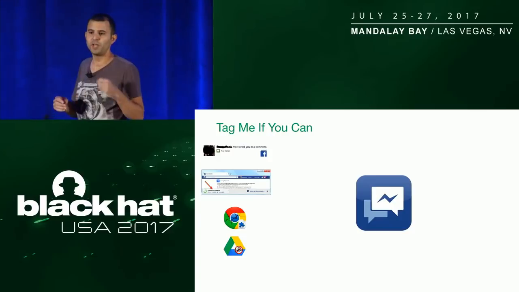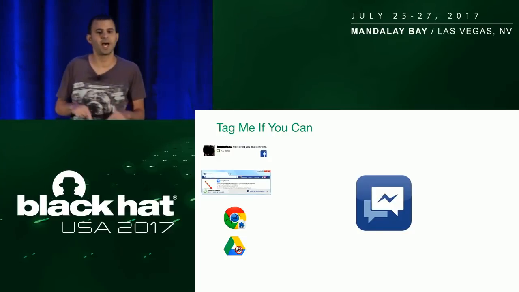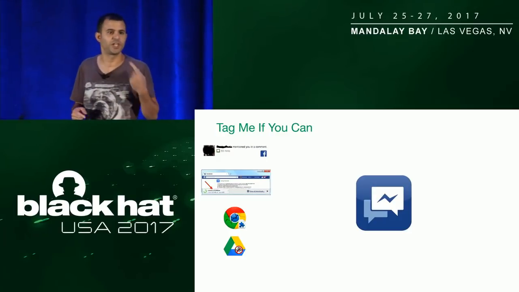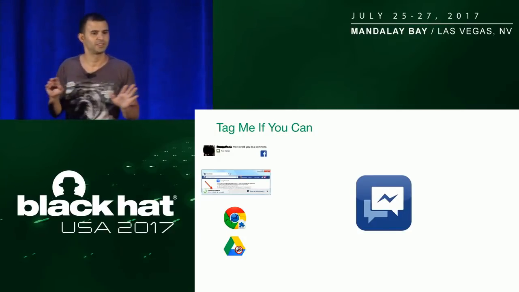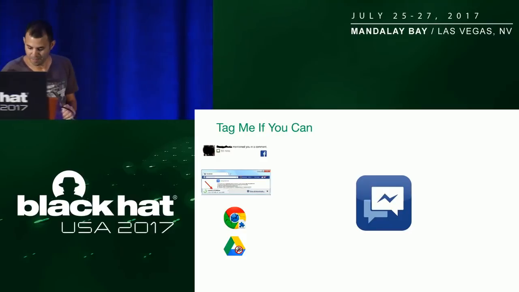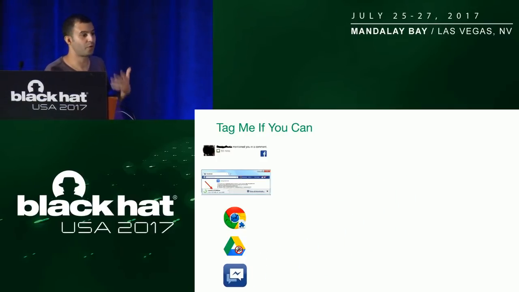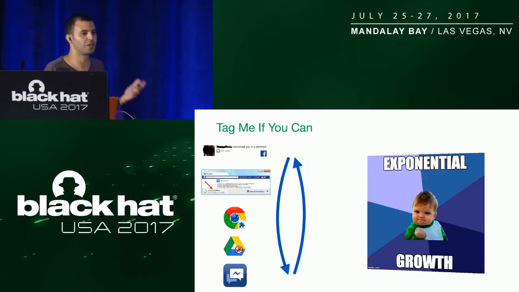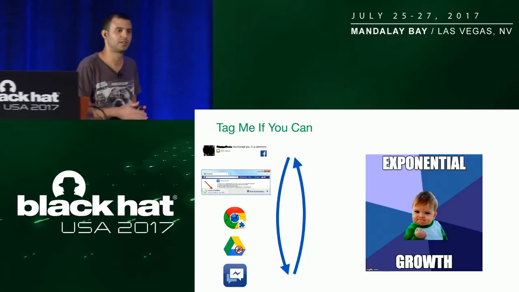Like we saw before, it creates a comment with a tag of all the victim's friends that leads to the newly created JSE file in the victim's Google Drive. Is that clear? Cool. So one of the victim's friends on Facebook clicks on this notification, and the whole thing runs over and over again, and we get an exponential growth infection process.